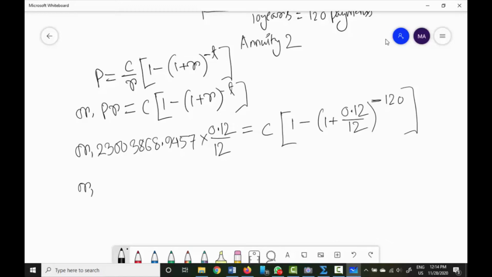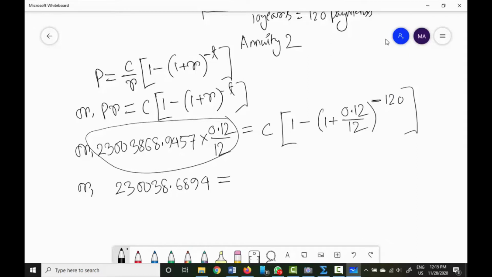So let us do this calculation first. This one multiplied by 0.01, we will get 230038.6894.